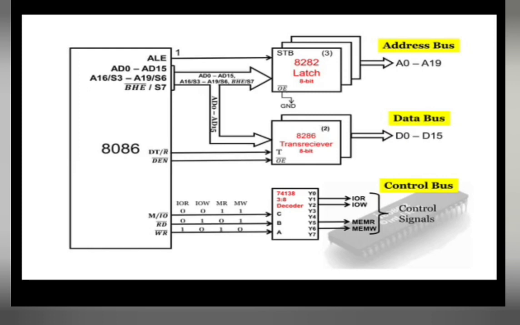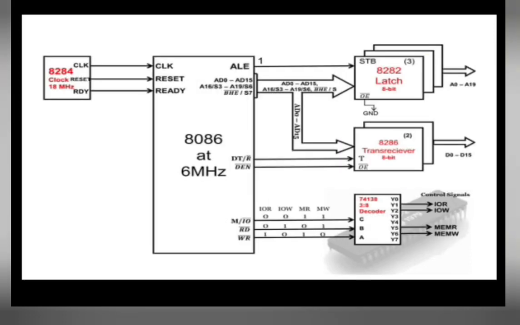The purified address is A0 to A19, the purified data is D0 to D15, and the control signals are IOR, IOW, memory R and memory W. This is the exact output of the minimum mode operation.